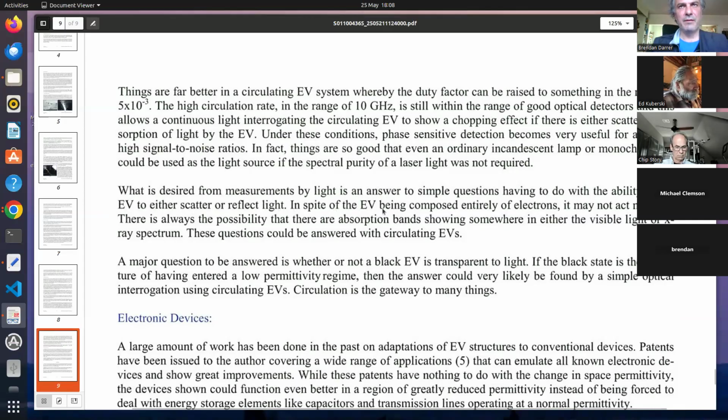In spite of the EV being composed entirely of electrons, it may not act metallic. There's always the possibility that there are absorption bands showing somewhere in either the visible light or X-ray spectrum. These questions could be answered with circulating EVs.